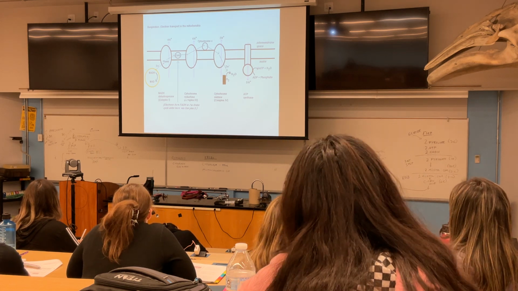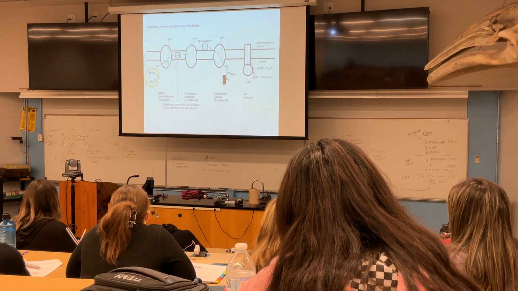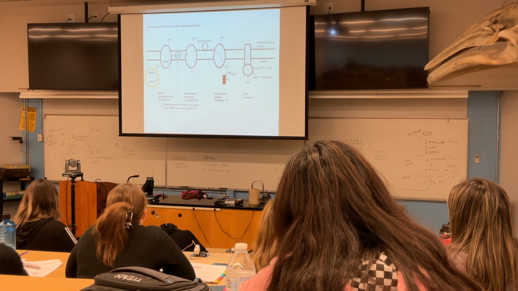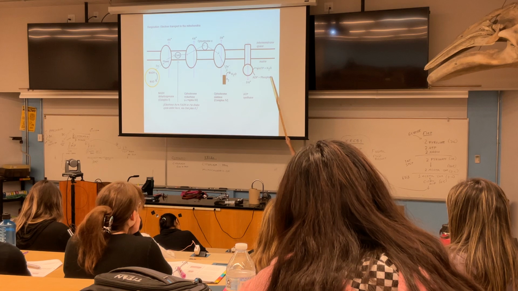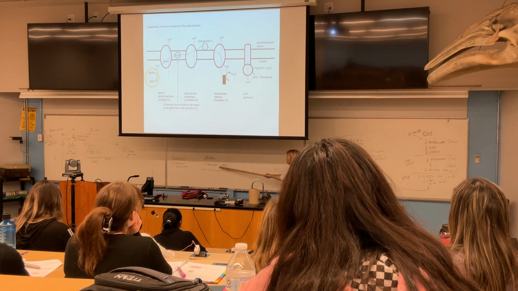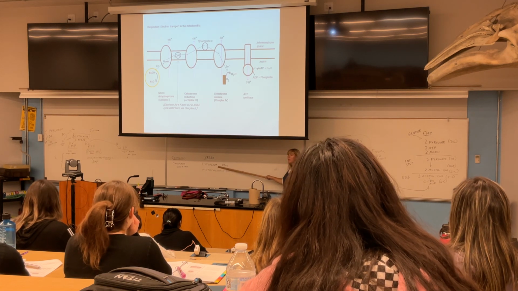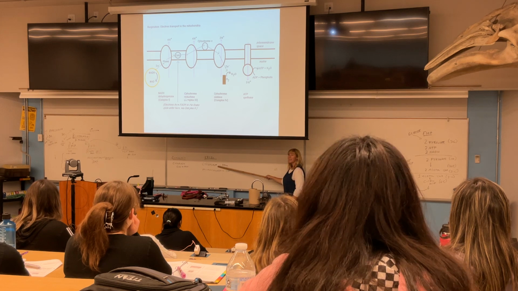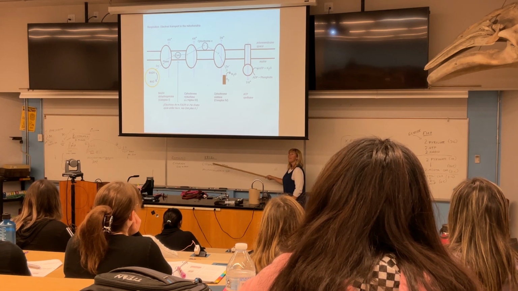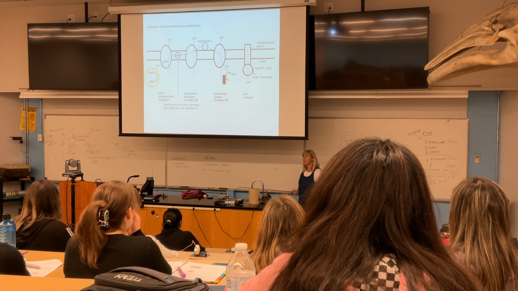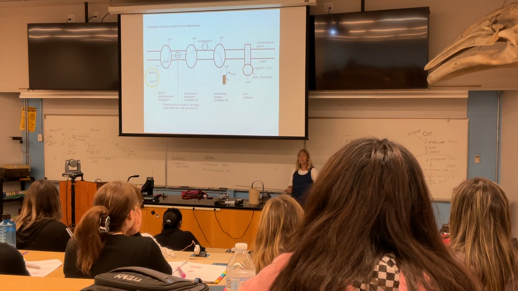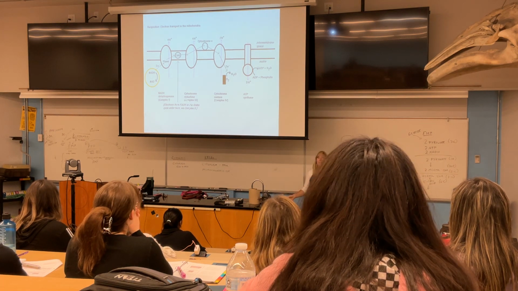Ooh, the prokaryotes don't have a mitochondria. So what do you think they might be using for their membrane boundary? They're in the cytoplasm for Krebs. What's something that's around the cytoplasm that's a membrane? The plasma membrane or the cell membrane. So they're going to do this process at the plasma membrane or the cell membrane.